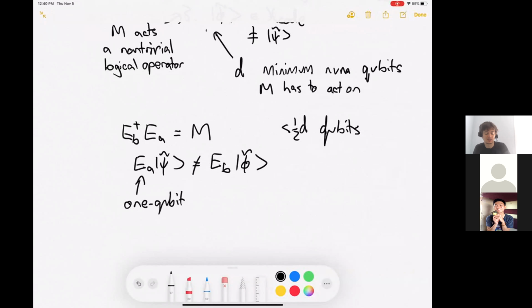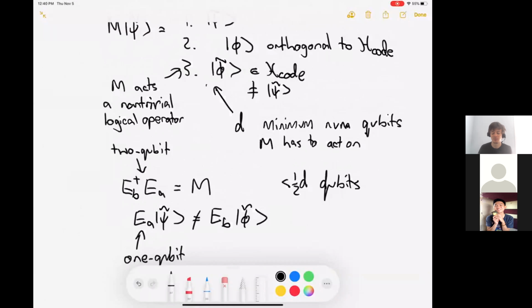And that means for 2 qubit things, E_B dagger E_A, then case 3 never happens. Okay, so the minimum number of qubits where case 3 can happen, where it can do something non-trivial in the code subspace, is D equals 3. It's really stupid the notation uses D.